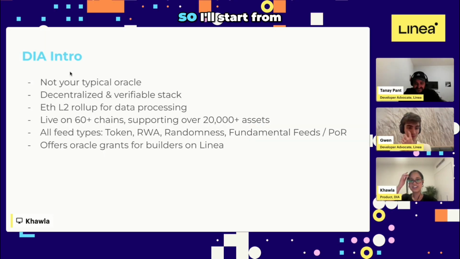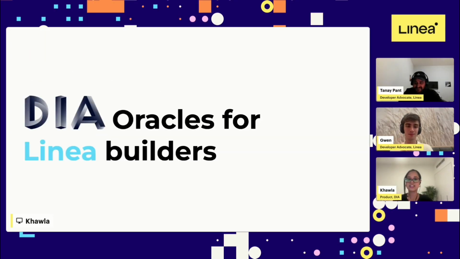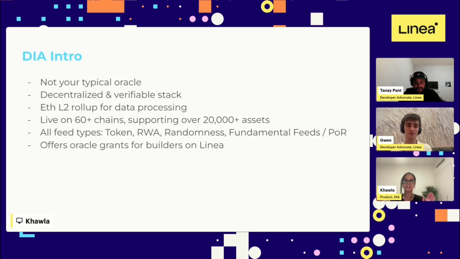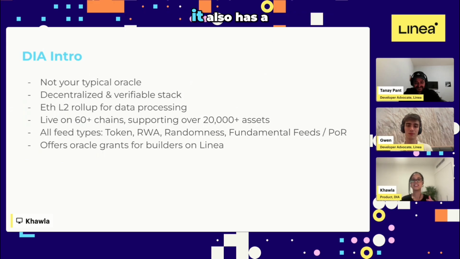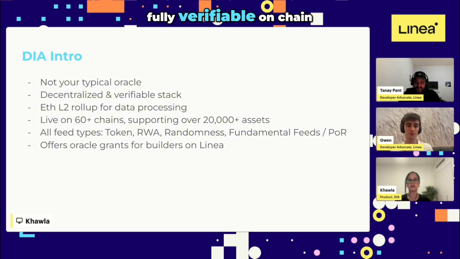Awesome, Khawla. Can you tell us a bit more about Dia? Yes, I'll be happy to give you a quick intro into Dia. Dia is not your typical oracle. It is built on a decentralized and verifiable stack. It also has a dedicated Eth L2 rollup for data submissions, making the data journey fully verifiable on-chain.